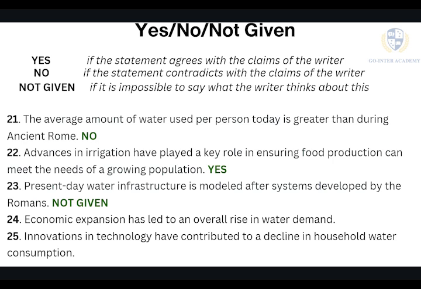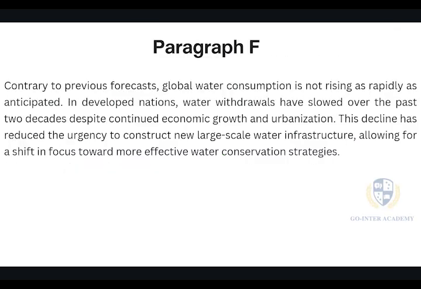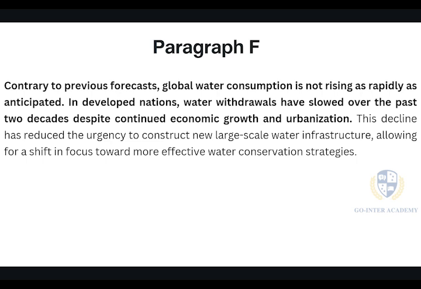Economic expansions has led to an overall rise in water demand. Now we're being asked if the passage says that as the economy grew, water demand increased. This is mentioned in paragraph F, where it says, contrary to previous forecasts, global water consumption is not rising as rapidly as anticipated.